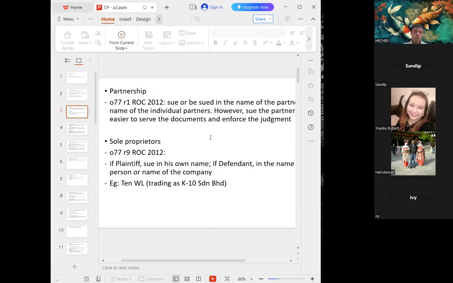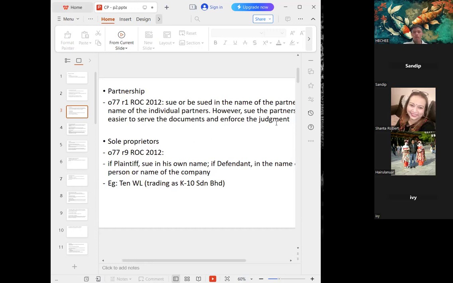Okay, now we are coming to sole proprietors. A sole proprietor is the only one person who runs the business. According to Order 77, Rule 9, if the sole proprietor wants to sue someone, he must sue in his own name.